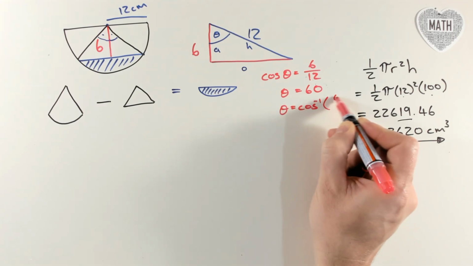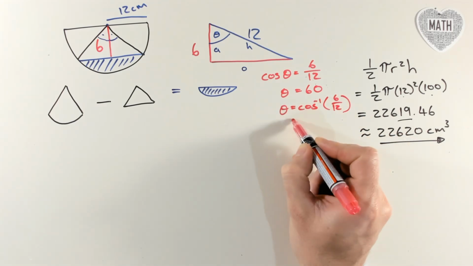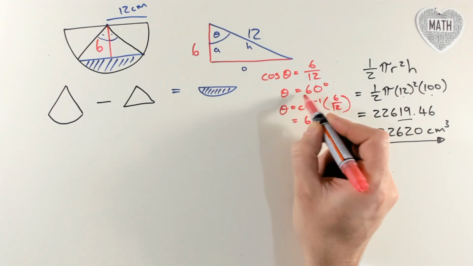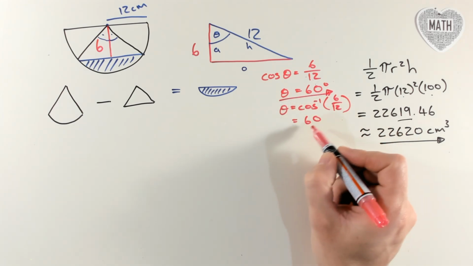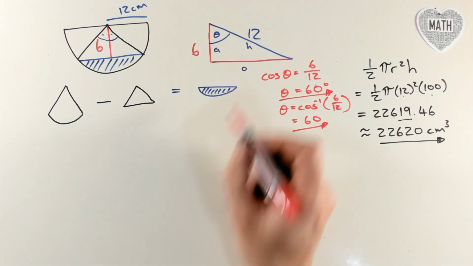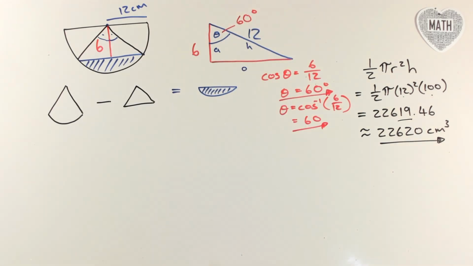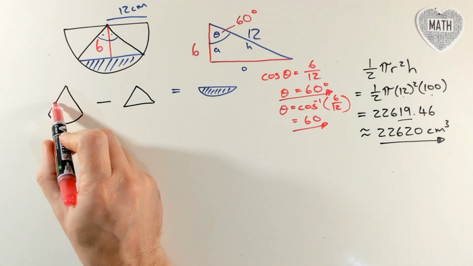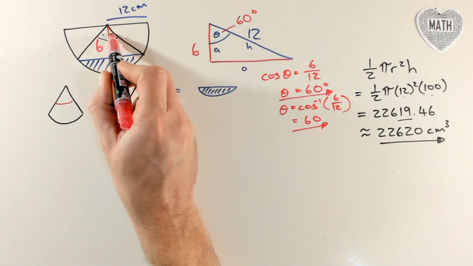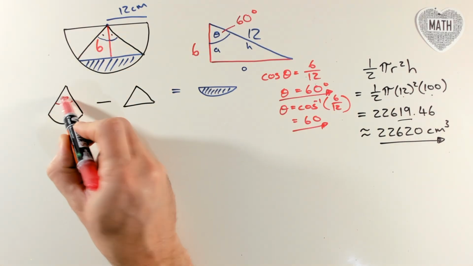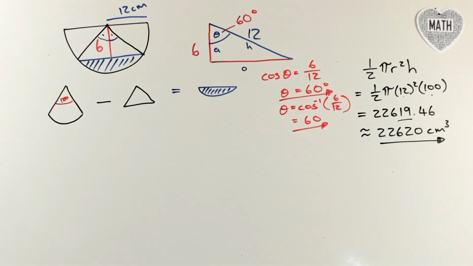Cosine inverse of a half would be 60. So if you knew your exact values, you get there immediately. Anyway, now I know this is 60 degrees. That is 60 degrees. And if I want to work out the sector, that's 60 plus 60, so that's going to be 120.